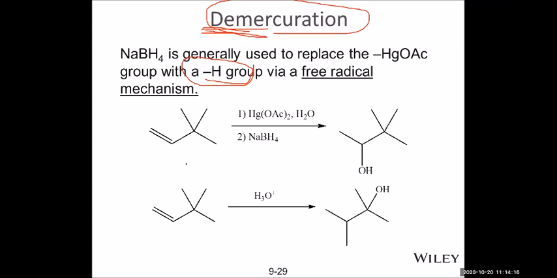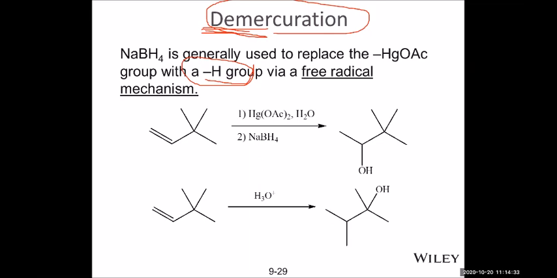The demercuration reaction gives us the Markovnikov product. By the way, if you remember from the acid catalyzed reaction, it will easily rearrange and give you a completely different alcohol.